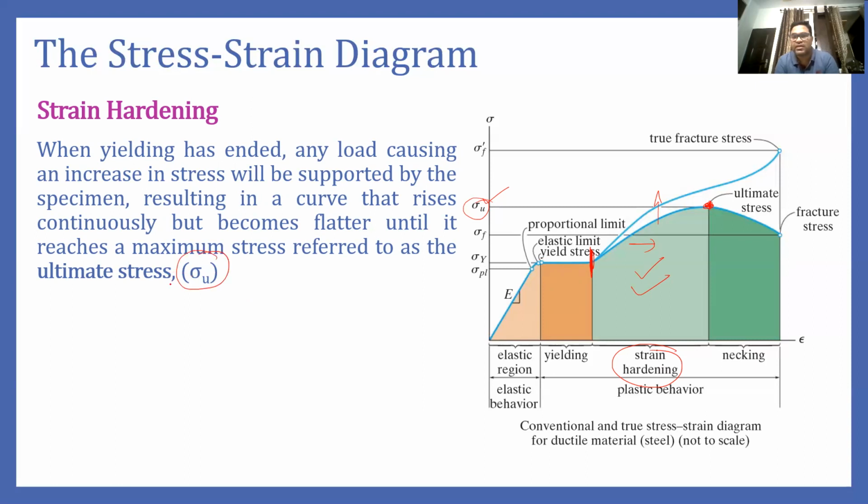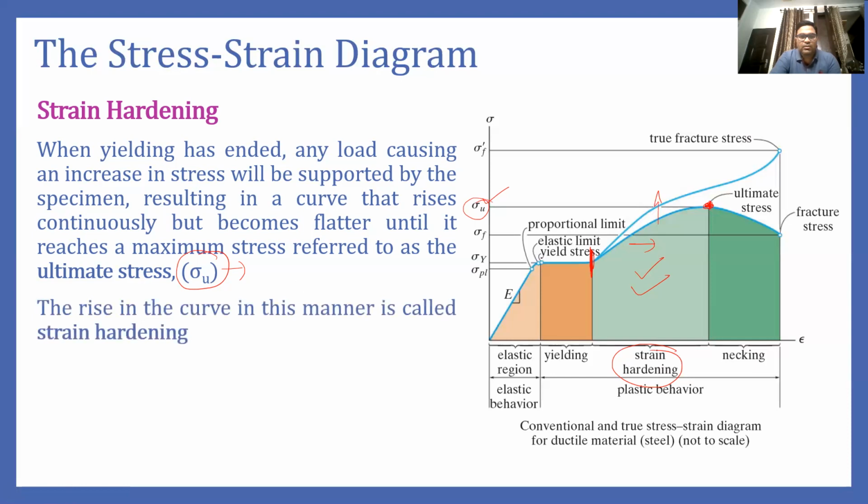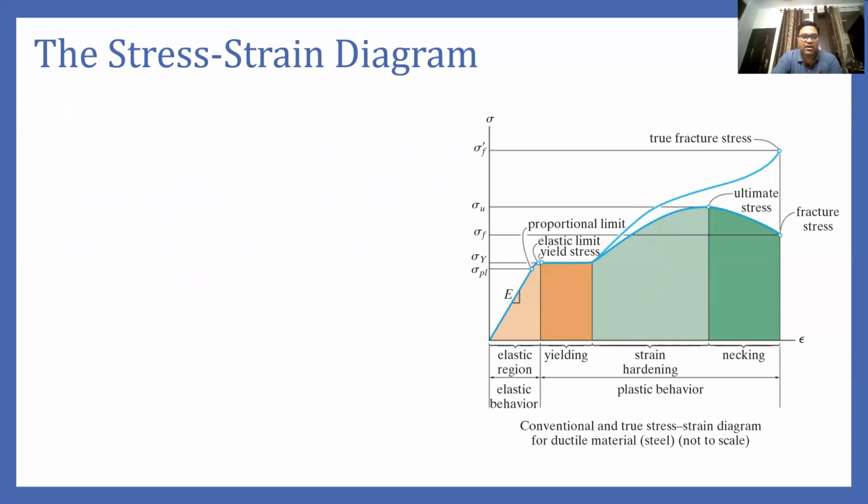This is also a very important stress because it gives us the maximum stress value the material can take. Sigma u is very important while designing steel structures, and determining its value is important because various formulas are based on the value of sigma u. So the rise in the curve in this manner is known as strain hardening.